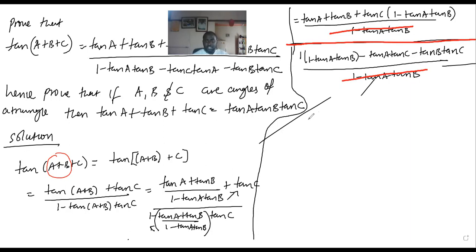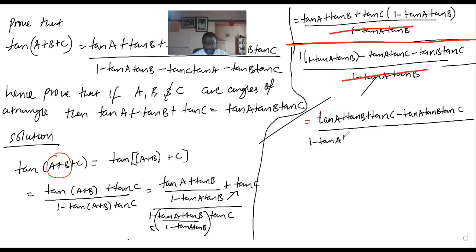When I have lost those 2 by division, the numerator becomes tan A plus tan B plus tan C minus tan A tan B tan C, all is divided by 1 minus tan A tan B, minus tan A tan C, minus tan B tan C. Hashtag proof.